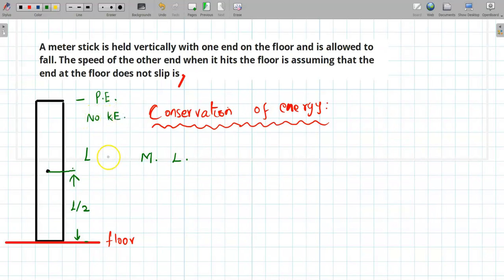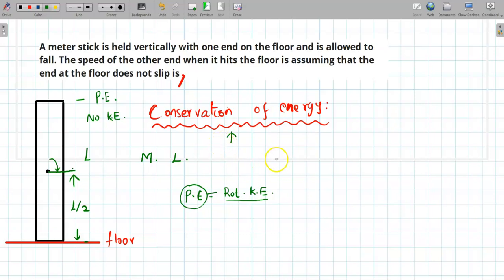As it falls, potential energy is converted to rotational kinetic energy. So the stored potential energy is converted to rotational kinetic energy. The conservation of energy is applicable here.